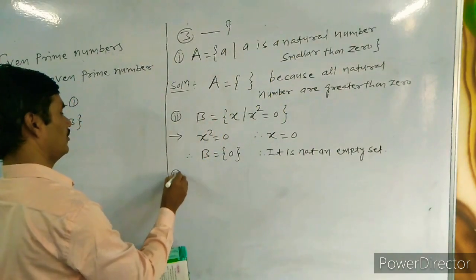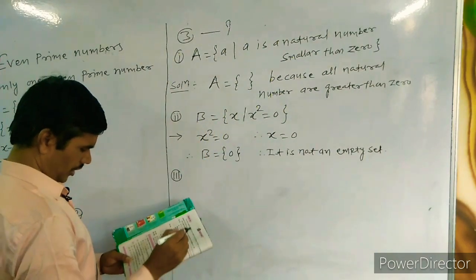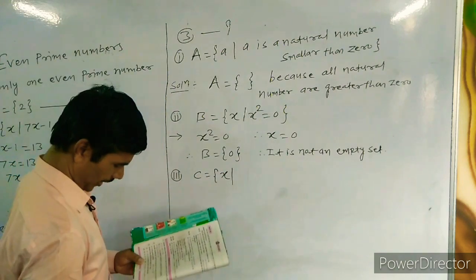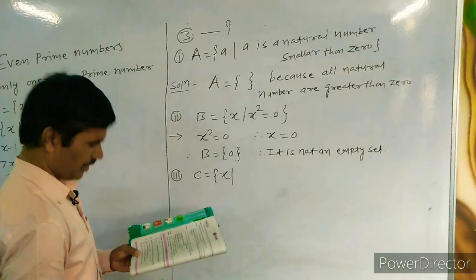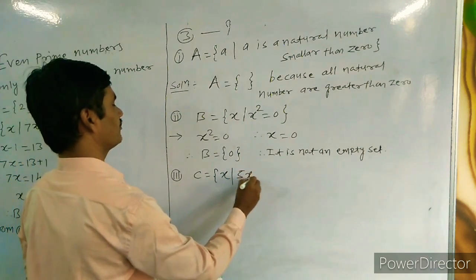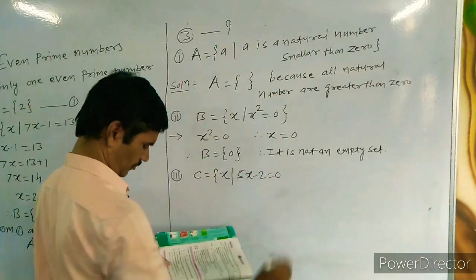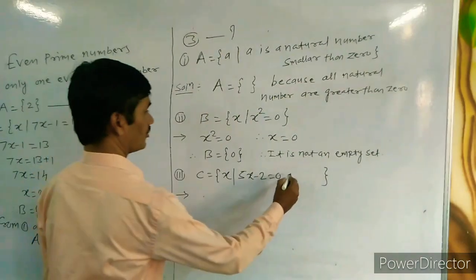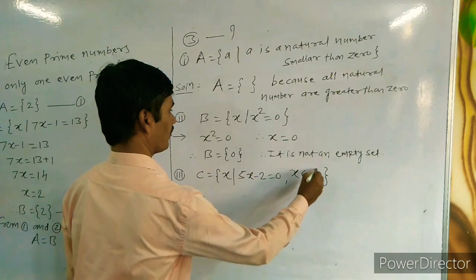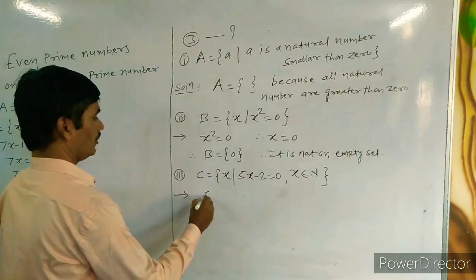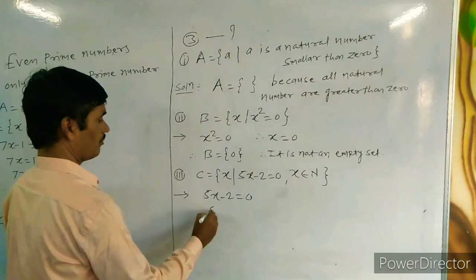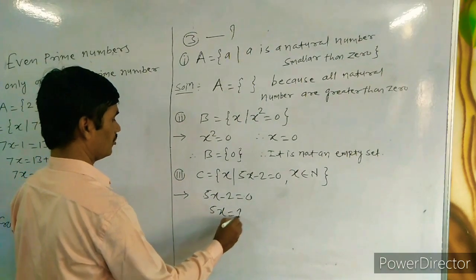Third, C equal to {x such that 5x minus 2 equal to 0, x belongs to N}. 5x minus 2 equal to 0. 5x equal to 0 plus 2, 2.